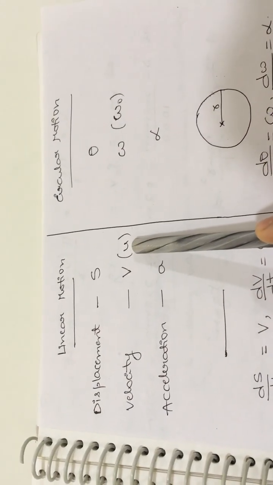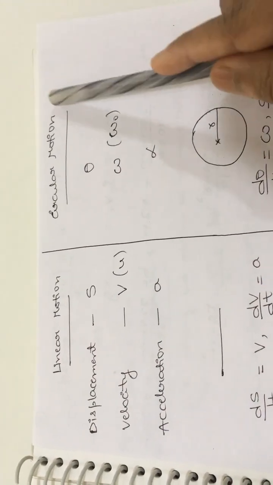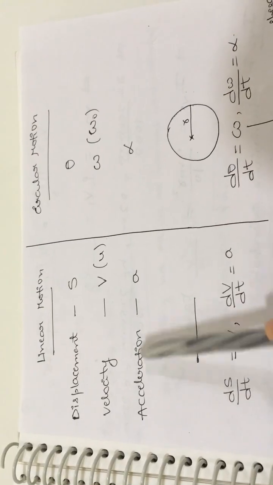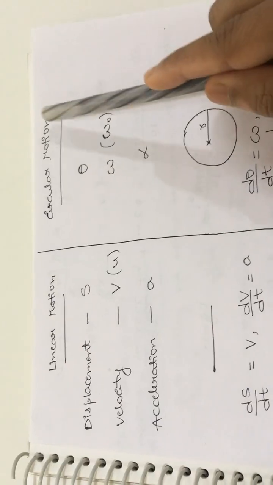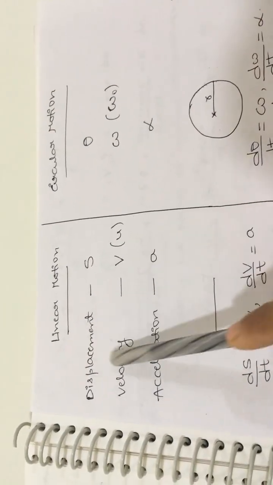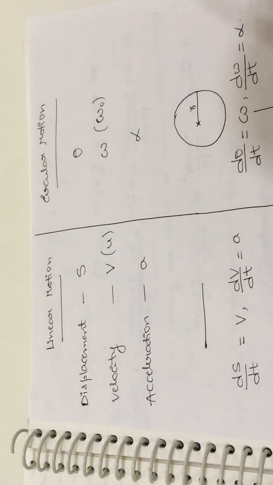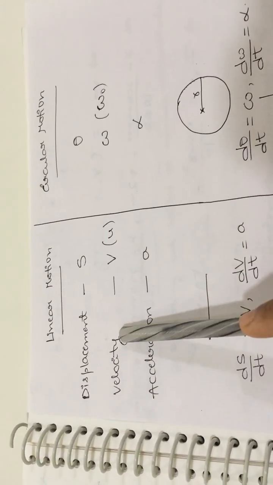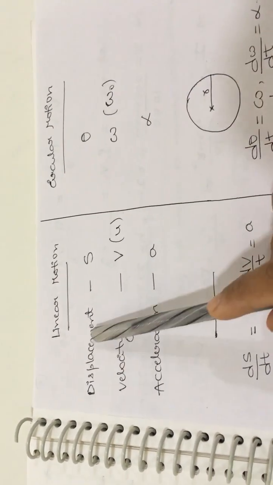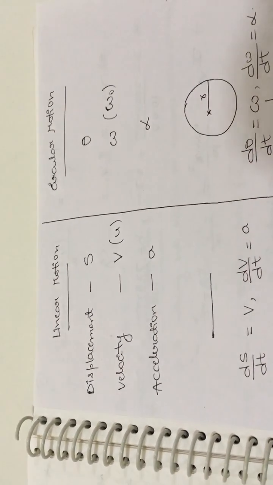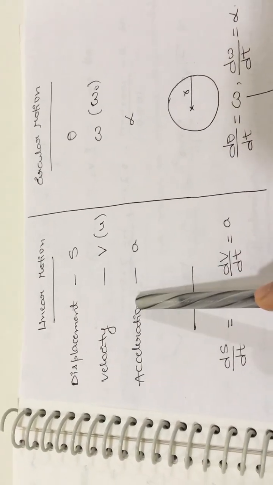Initial velocity is denoted by u in linear motion and omega naught in circular motion. Acceleration is denoted by a in linear motion and alpha in circular motion. All these terms in linear motion are linear quantities like linear displacement, linear velocity and linear acceleration, and under circular motion these three terms are angular quantities like angular displacement, angular velocity and angular acceleration.